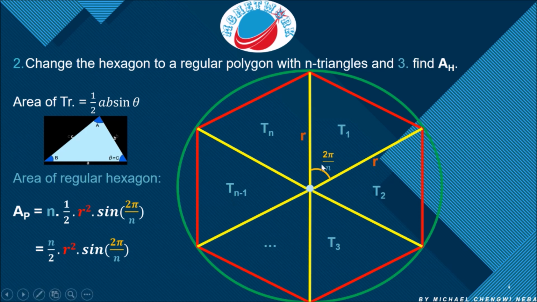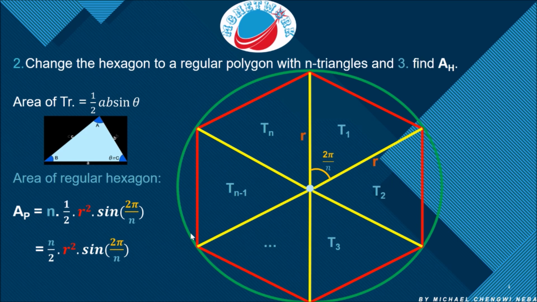If you replace 6 by n, you are going to have the area of a regular polygon, which is A sub p, equal to n over 2 multiplied by r squared sine 2 pi over n. That is very clear to everybody. So now we have the area of a regular polygon with n triangles or n sides.